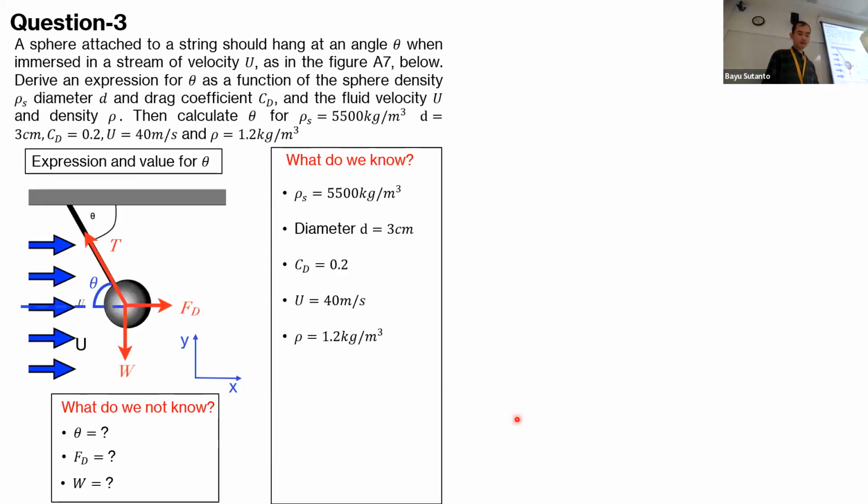Okay. Question 3 is discussing a sphere attached to a string that should hang at an angle of theta when immersed in a stream of velocity U. So if we have a sphere, there is a line or string, and then its velocity U. So it must be inclined at an angle of theta.